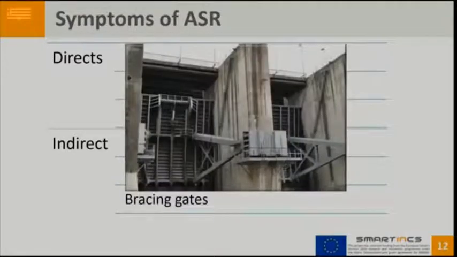And another symptom that is very usual in dams is branching gates. It's necessary to open the rail in order to ensure the operation of these gates.